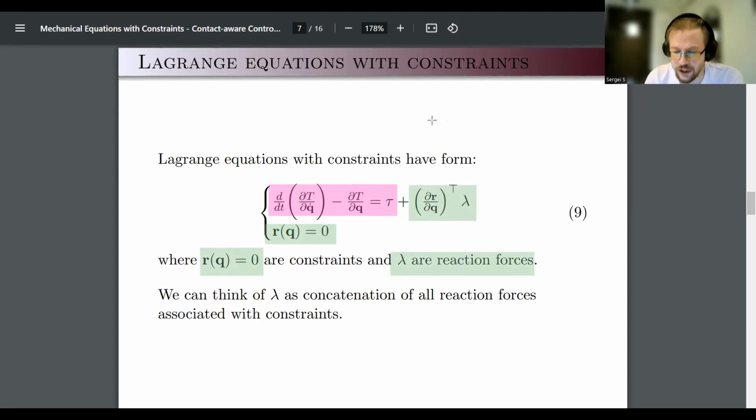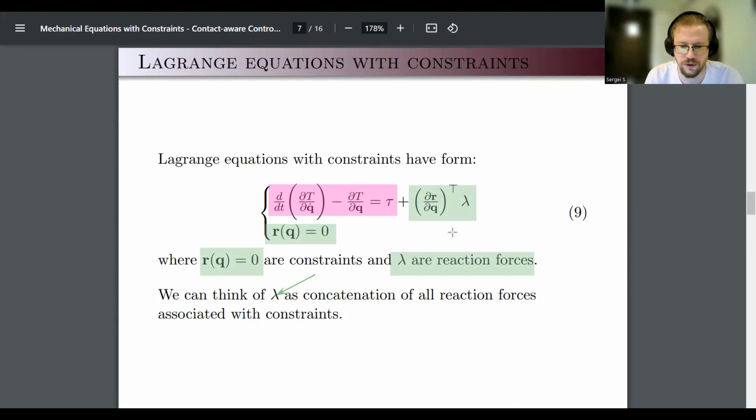So let's try to understand. First of all, we can think of lambda as a concatenation of all reaction forces associated with constraints. So it is just a big vector that is a concatenation of various smaller vectors.